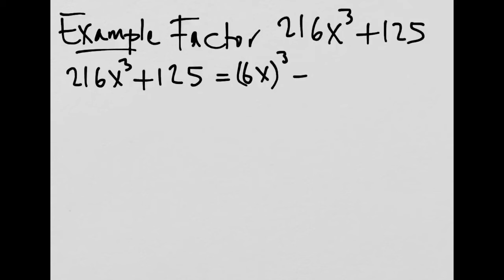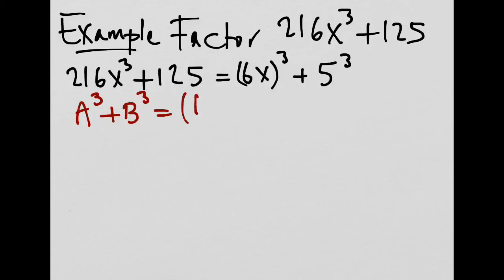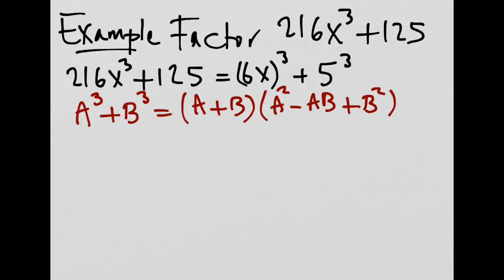And 125, you can check that it is 5 multiplied by itself 3 times. Now this expression is of the form a cubed plus b cubed, which using our identities can be broken down as a plus b times a squared minus ab plus b squared. Here, 6x is playing the role of a, and 5 is playing the role of b.